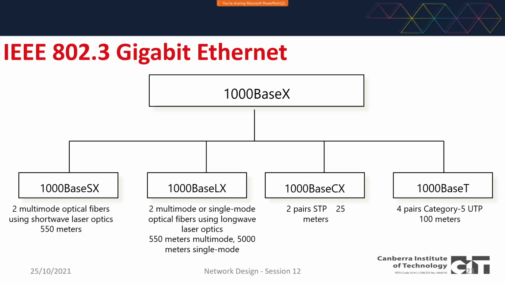They can go up to 550 meters if multi-mode, and up to 5000 meters using single-mode. We also have 1000BASE-CX, 2 pairs of shielded twisted pair, and they can go up to 25 meters. And we also have 1000BASE-T, which is 4 pairs of category 5 unshielded twisted pair that goes up to 100 meters.